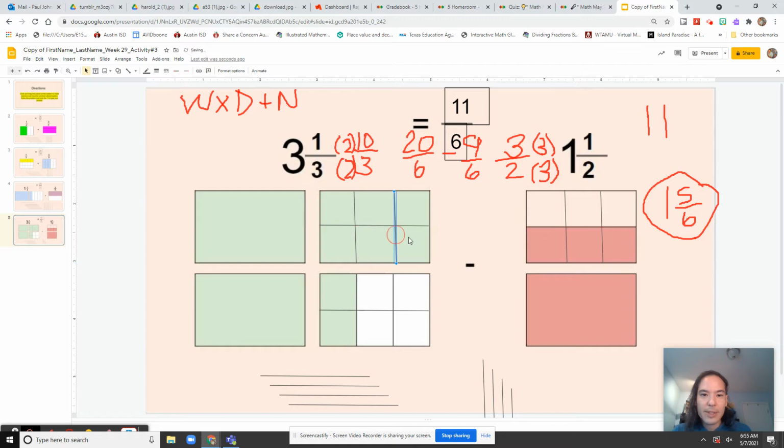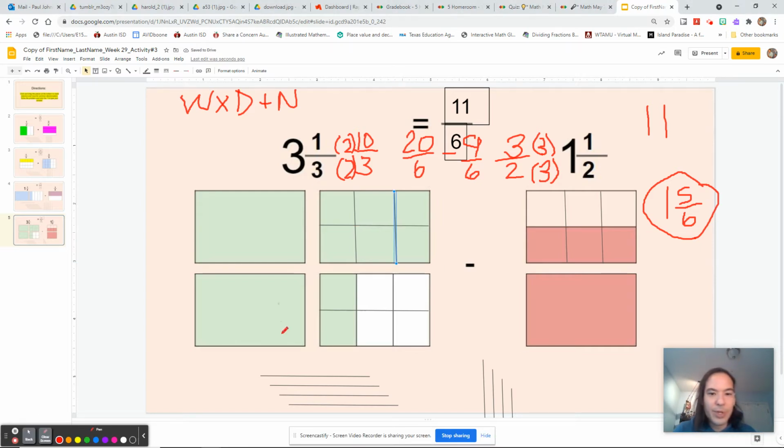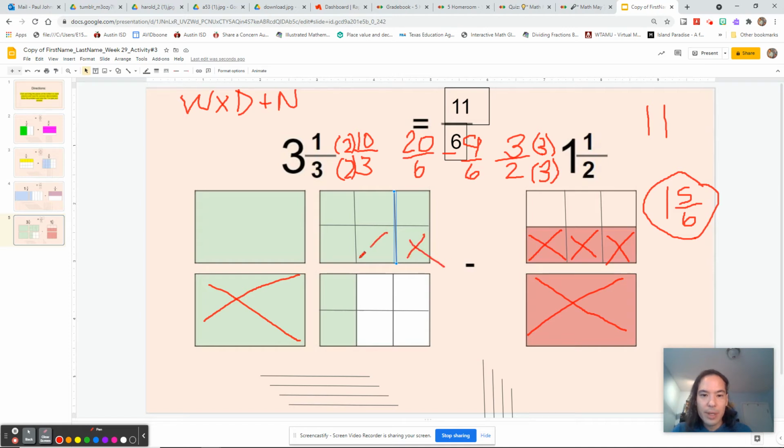All right. So I'm going to use my tool to draw X's to show what we're doing. I need to take away one whole. So I'm going to take away one whole, and then I need to take away 3/6. So now I have one whole, and I have 1, 2, 3, 4, 5, 6 pieces, right?